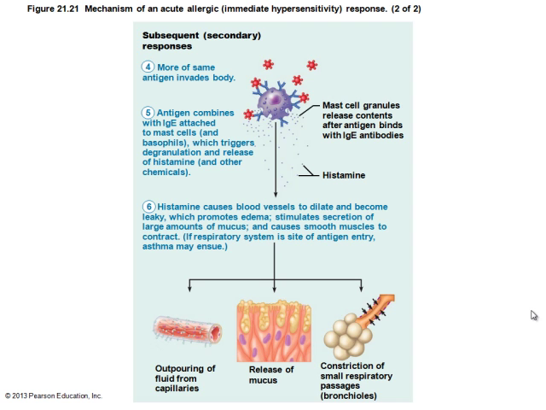So you might see someone undergoing a severe allergic reaction have trouble breathing because of all the fluid buildup and the constriction of bronchioles. So please just have a general understanding of hypersensitivity, delayed hypersensitivity, and what an allergen is.